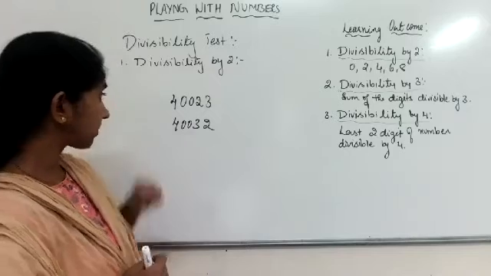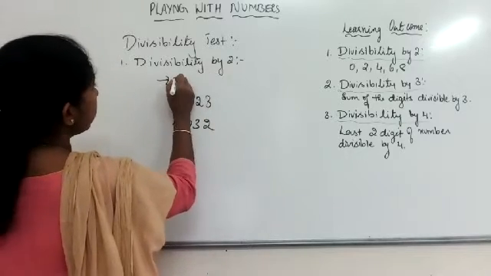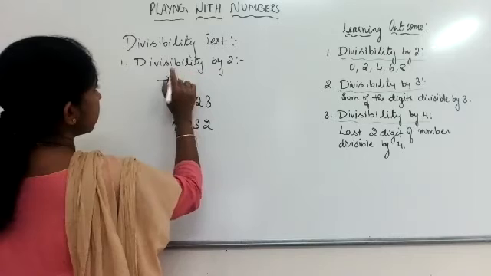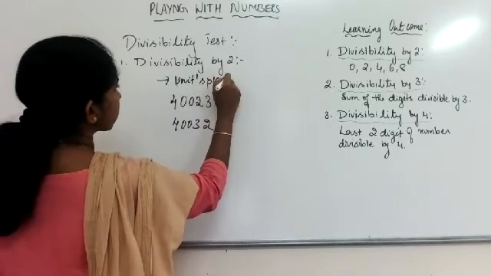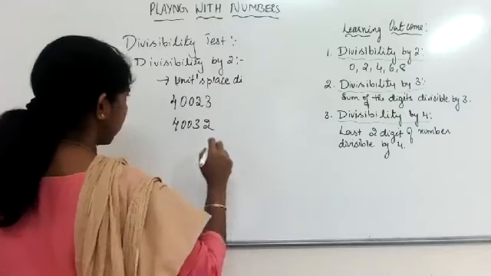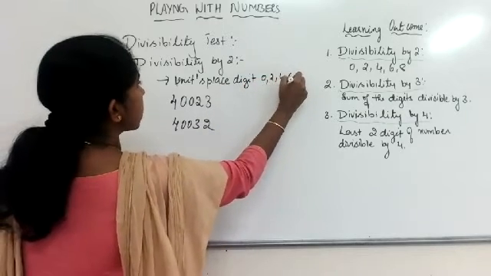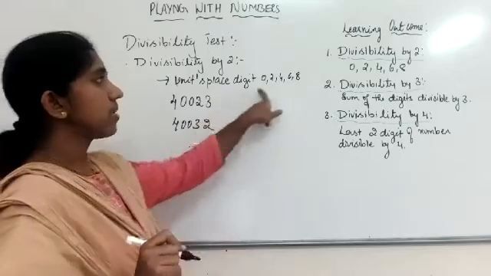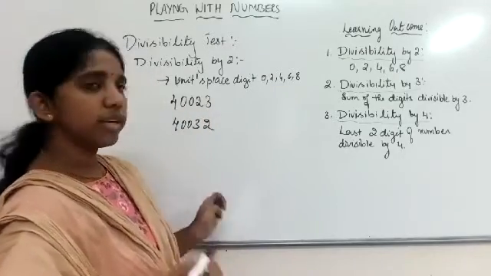So how to do it? Divisibility by 2 states that if the units place digit is 0, 2, 4, 6, 8, then the number is divisible by 2.